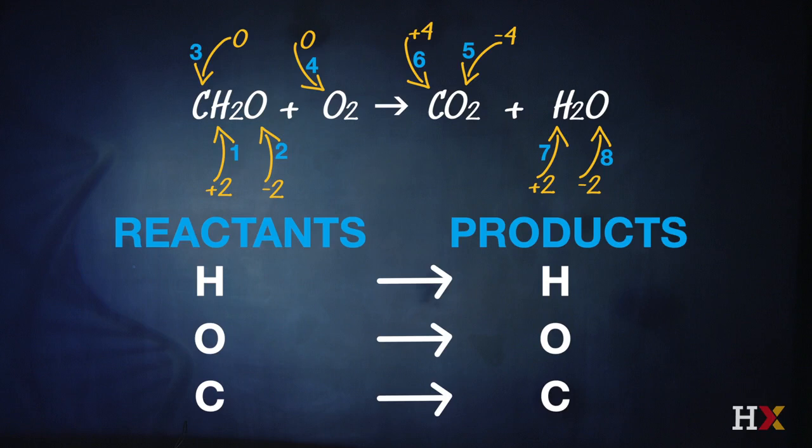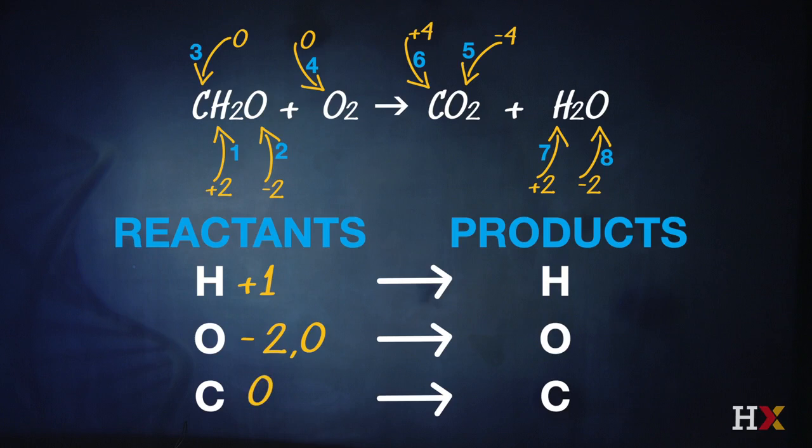So we have an oxidation state of +1 for hydrogen. In the case of oxygen, we have 2 oxidation states. We have oxidation state of -2 and of 0. And for carbon, we have an oxidation state of 0.